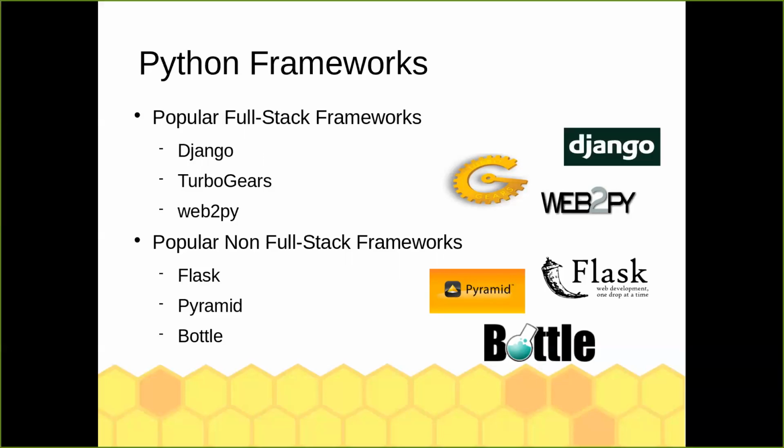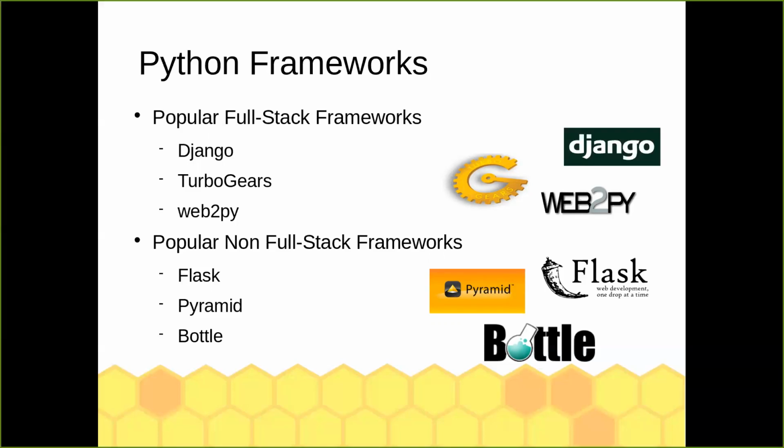Pyramid, a small, fast, open source Python web framework. It makes real-world web application development and deployment more fun, more predictable, and more productive. Pyramid is a Pylons project, and it is the successor to the Pylons web framework. Bottle is a fast and simple micro framework for small web applications.